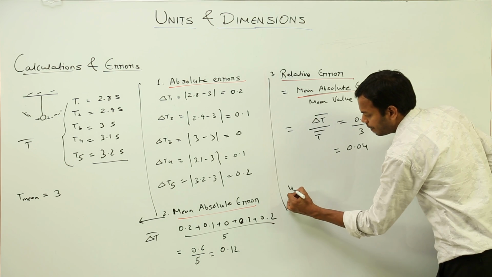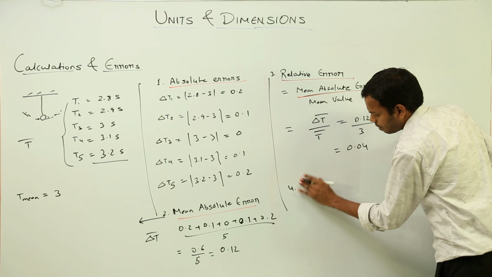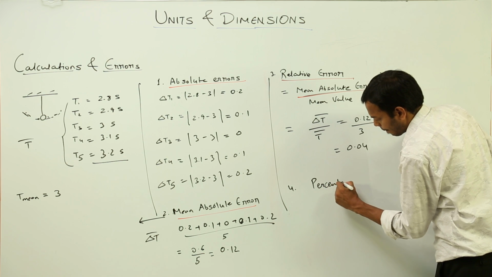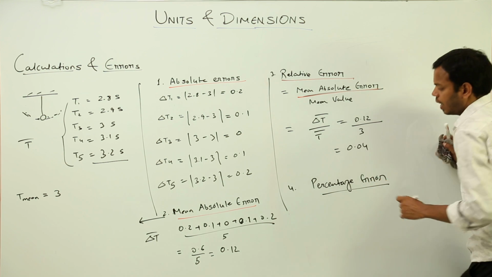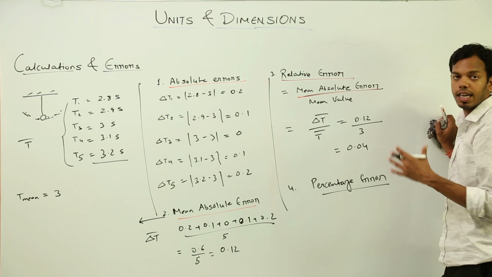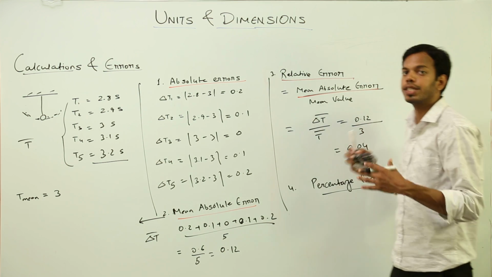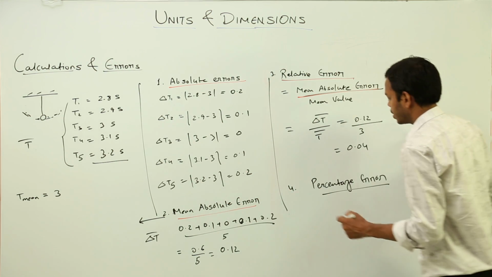The last part would be percentage error. Percentage error has the simplest formula, which is relative error times 100. Whatever your answer would be, that is the percentage error in the overall calculation.